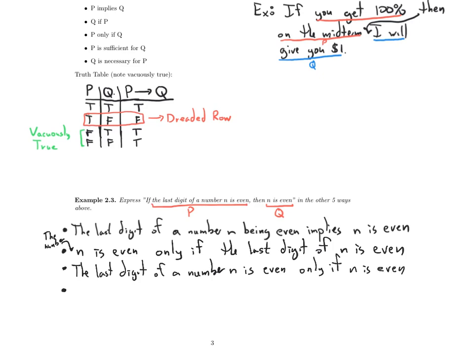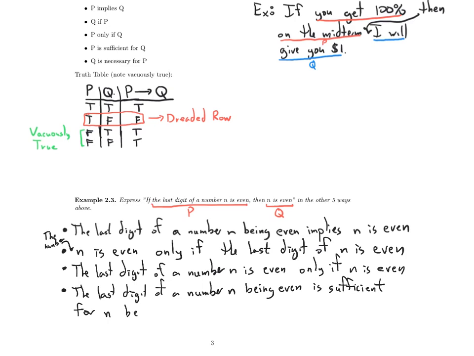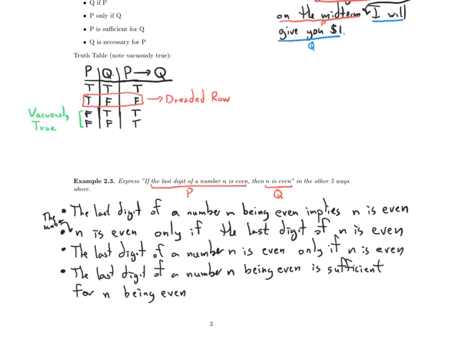The fourth, the last digit of a number n being even, so that's P, is sufficient for n being even. Again, instead of "is," we're using "being" just because it's more grammatically correct.